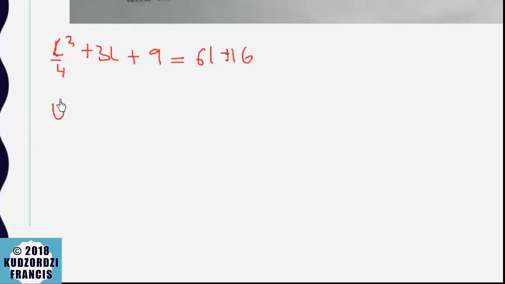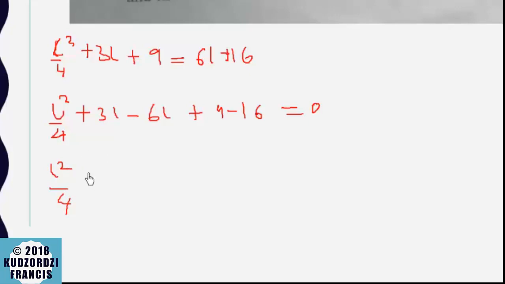So we have L squared over 4 plus 3L minus 6L, then plus 9 minus 16 is equal to 0. Further simplification gives L squared over 4, then minus 3L, and this will give us minus 7 is equal to 0.